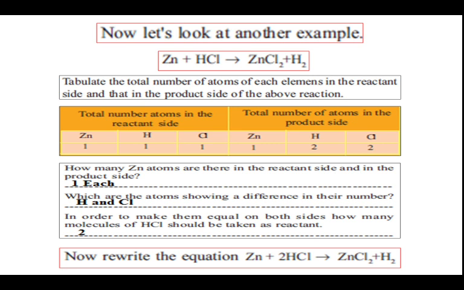That is hydrogen and chlorine. In order to make them equal on both sides, how many molecules of HCl should be taken as reactant? It is 2. So, now the reaction can be rewritten as Zn plus 2HCl giving ZnCl2 plus H2.